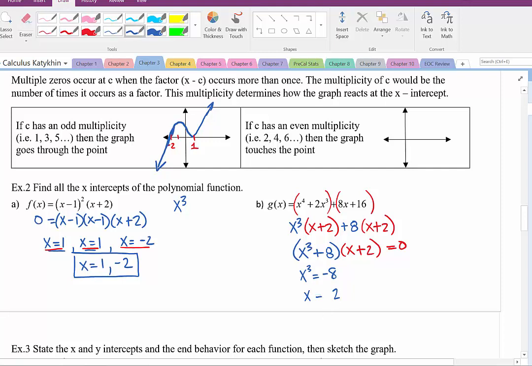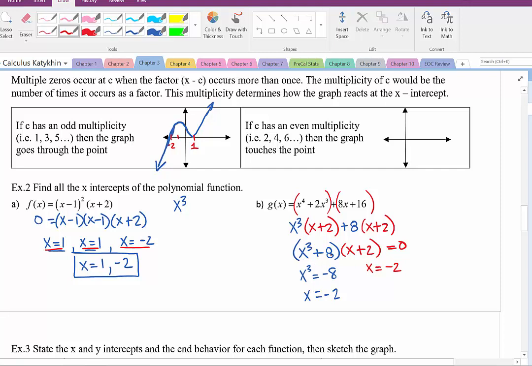It's just going to be negative, because it's not an even root. So the cube root will be just negative. Now when we solve x plus 2, we'll get x is equal to -2.